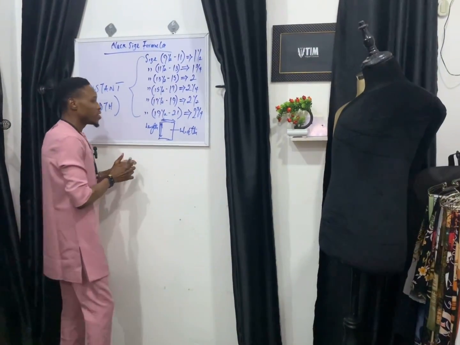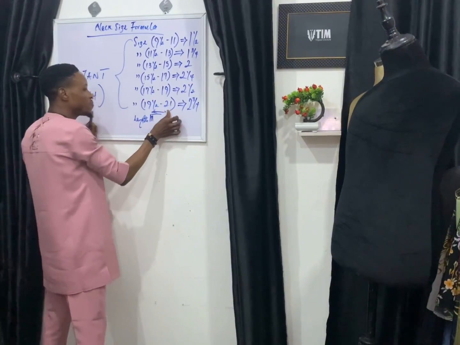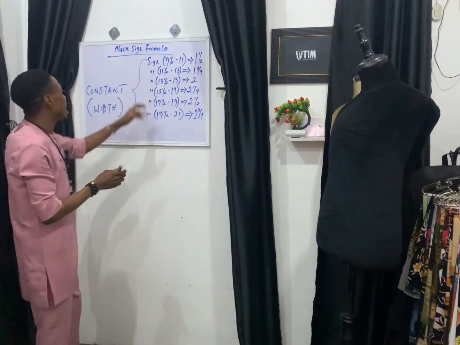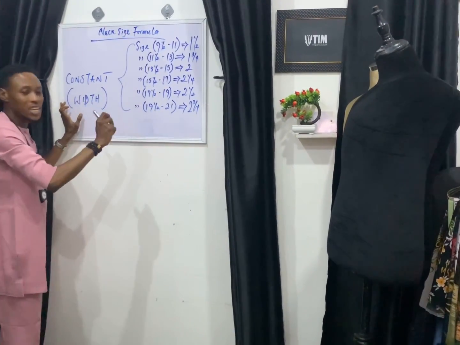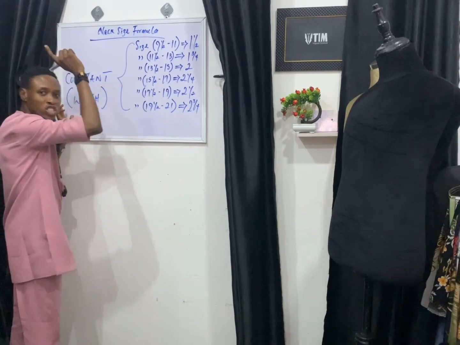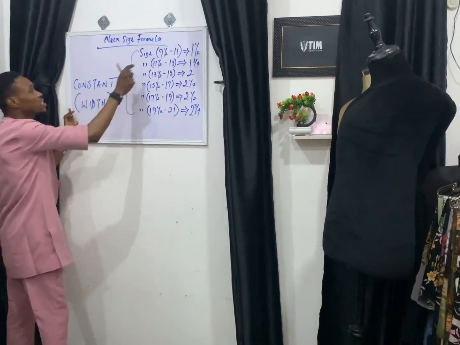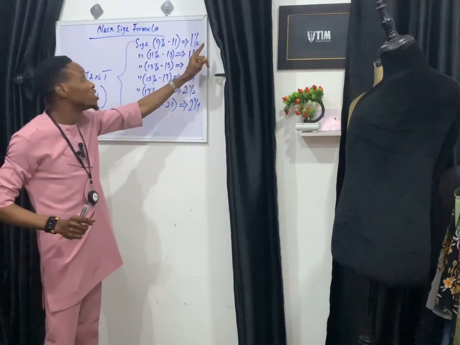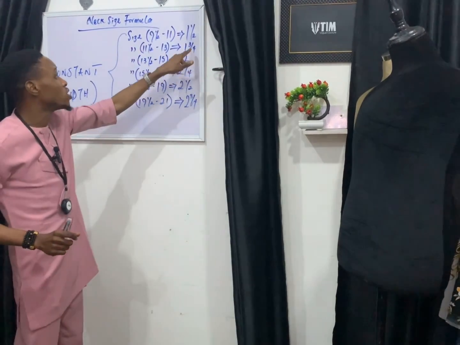But for the purpose of this class, I have made it simple that from experience, to get a perfect neck size, these are the widths. I've given the width, and these widths are constant. That means it is not changing. It must maintain the figures here. From 9.5 inches to 11 inches, the acceptable width that you can use is 1.5, and from 11.5 to 13, the acceptable width is 1 3/4.